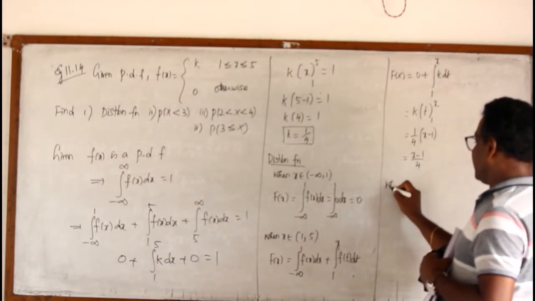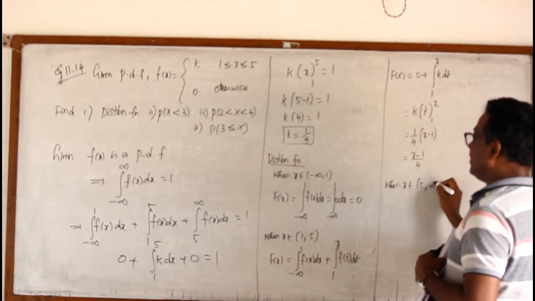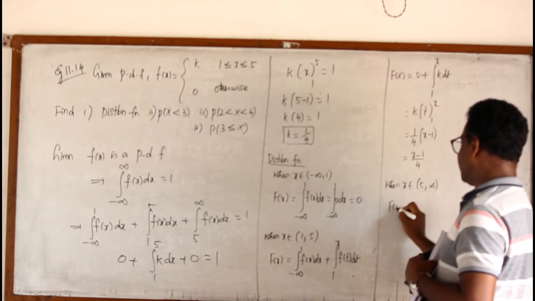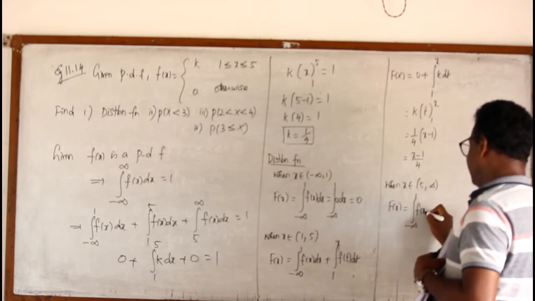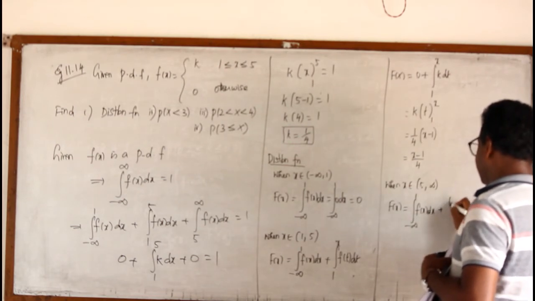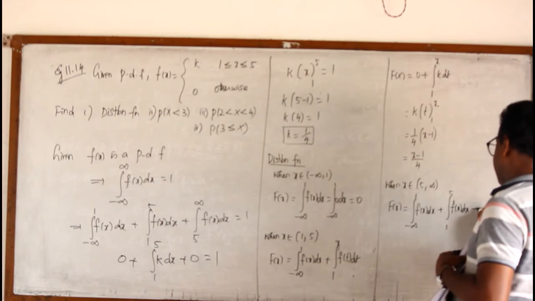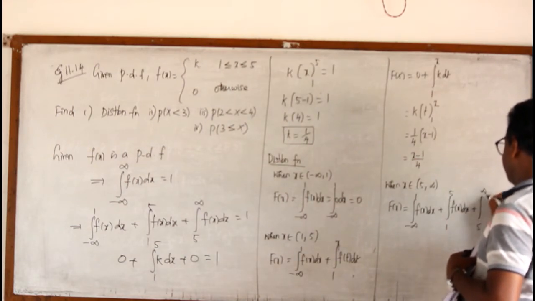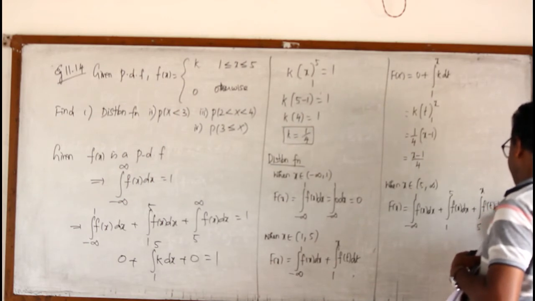And then when x belongs to 5 comma infinity, capital F of x is, I must add the integral from minus infinity to 1 of f of x dx, then from 1 to 5 of f of x dx, and from 5 to x, f of t dt.